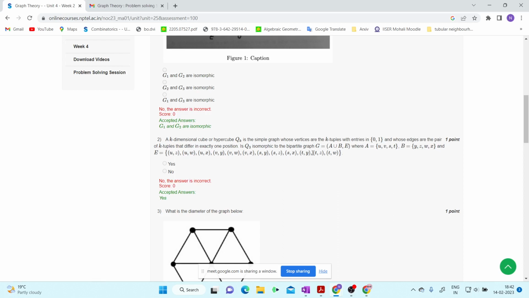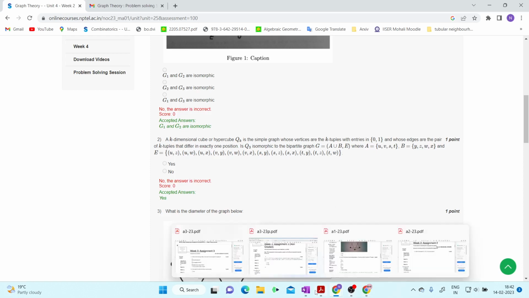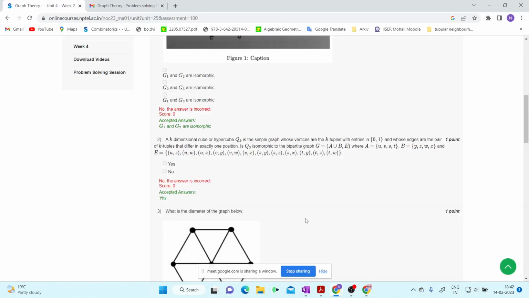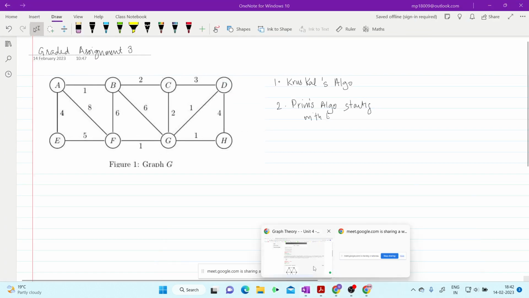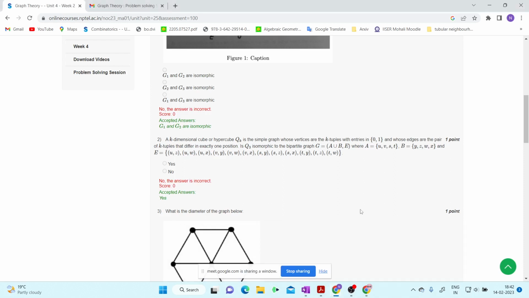Then, is Q3 isomorphic to this bipartite graph? So you have to show that. Ma'am, Q3 will have three sets, no?